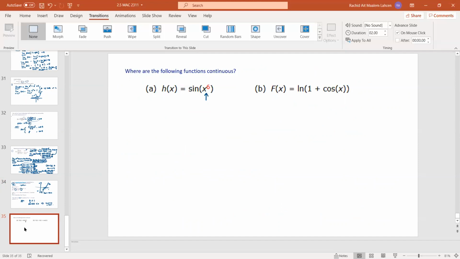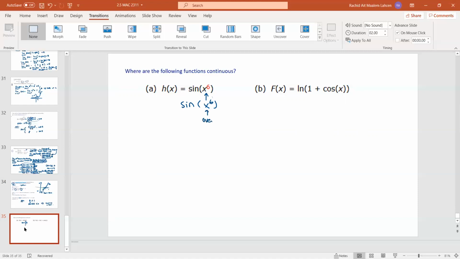As you see, there is a function, x to the 6th, inside another function, sine of x. x to the 6th is a continuous function, it's a polynomial, and sine of x is also a continuous function.